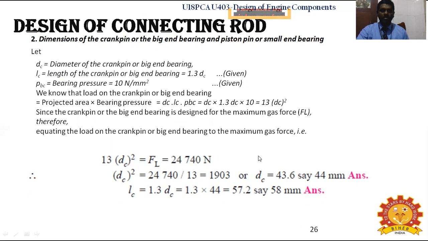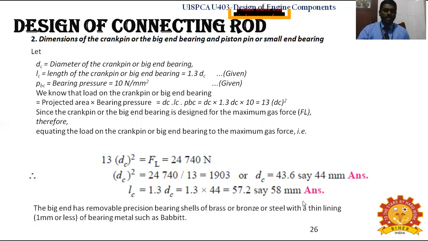Both you are equating, so that the unknown value of DC can be identified. Once we identify the DC value, we have a correlation of LC with DC, that is 1.3 times DC, so that we can identify what the length of the crank pin will be. That is also getting identified. The big end has a removable precision bearing shell of brass or bronze or steel material with a thin lining of 1 mm or less of bearing metal such as babbitt.